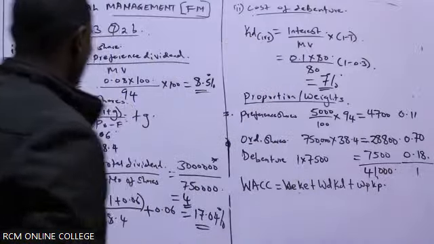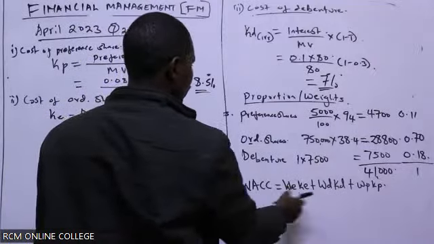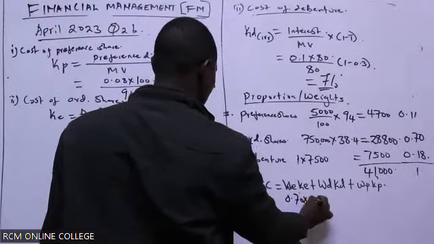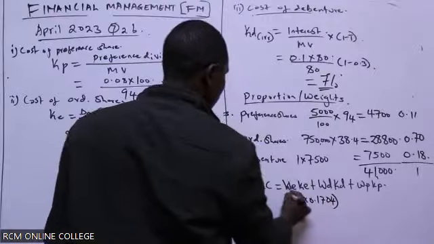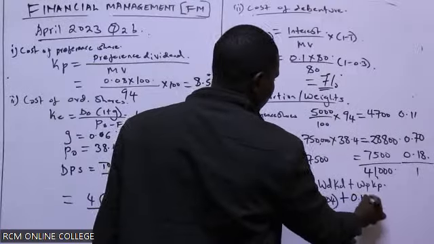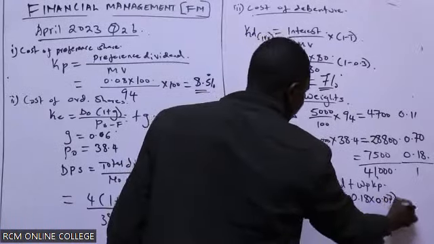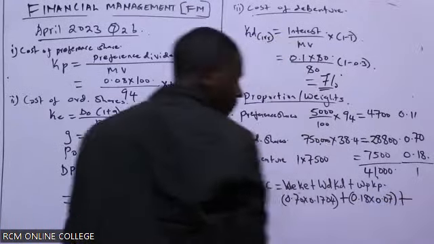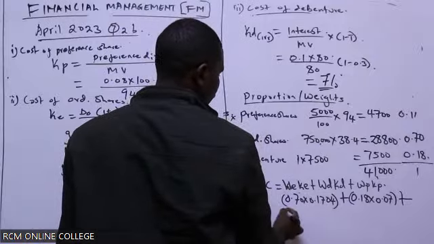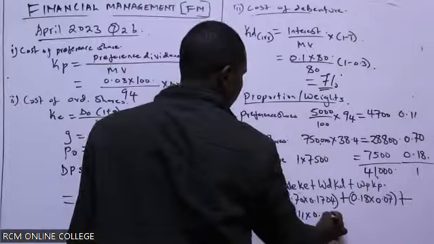So we take all of them. Where is weight of equity? 0.70 times 0.1704, plus weight of debt, 0.18 times cost of debt 0.07, plus the last one, preference share, 0.11 times 0.085.